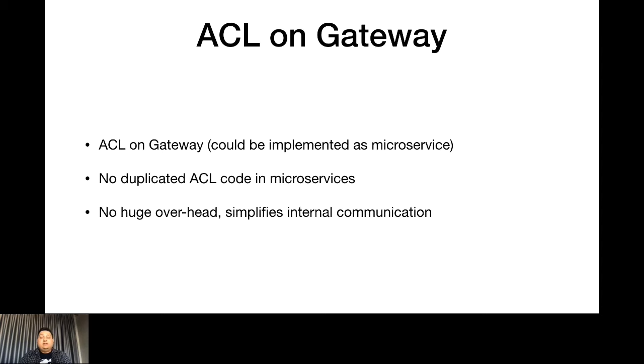We have no huge overhead, and we also simplify internal communications. Now all of our microservices would share only one simple library to do some basic stuff on the ACL, maybe checking through some kind of attributes, but all the ACL logic would be separated completely from the responsibility of other microservices.